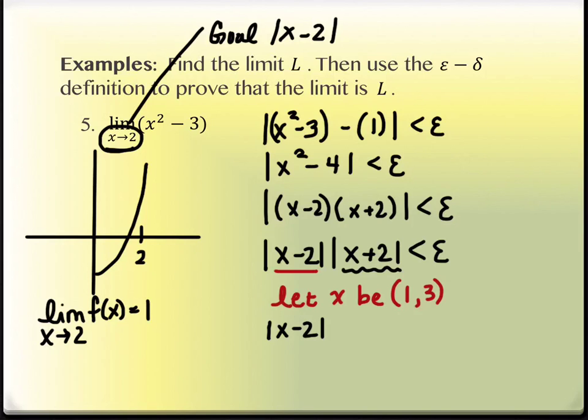That's not a good idea. But over here, I can. Because my whole goal is to get that expression right here to be as big as possible. I'll show you why in a sec. But our goal is for that to be as big as possible. And 5, which is what we're going to get when we plug in 3, is going to be bigger than 3, which is what we get if we plugged in 1. Okay? So we just want that to be as large a possible number.